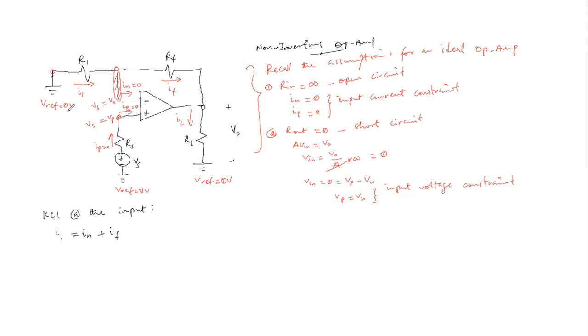Now this node here is 0 relative to the reference. So this is 0 volts. And at the output we have V naught.